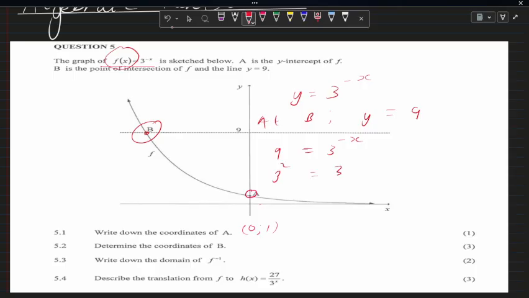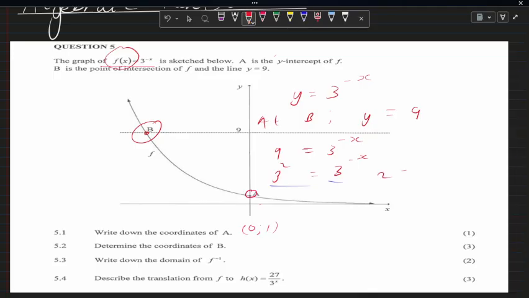and then we can say that 9 is actually 3 squared, equals 3 to the negative x, and now we see that we have what we call an exponential equation. When we were dealing with algebra, we spoke on how to solve exponential equations. So in this situation, we have made the bases the same, so we can equate the powers.